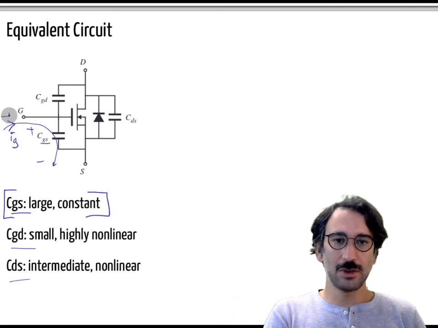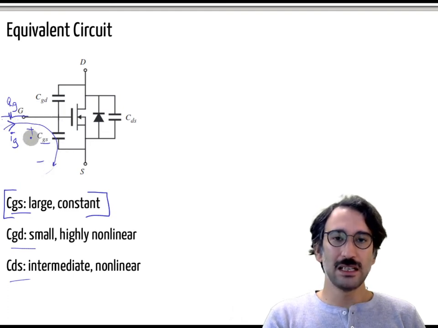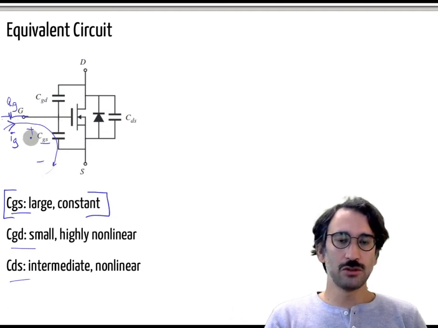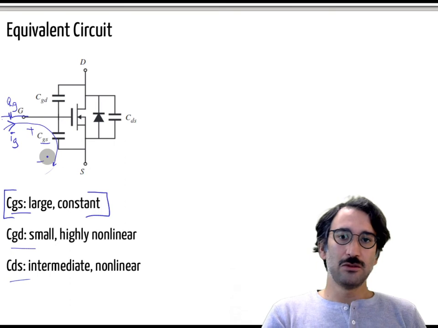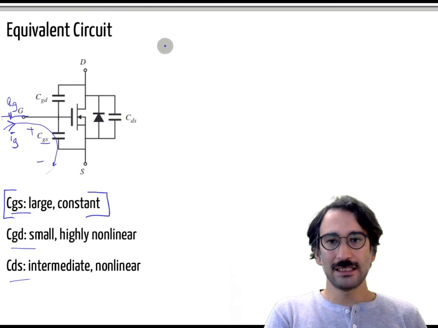You can maybe add some series gate resistance, and depending on that resistance value and that capacitance value, it controls how fast you turn on your MOSFET, or how quickly you turn it off. Using a faster transition means you will have less losses.